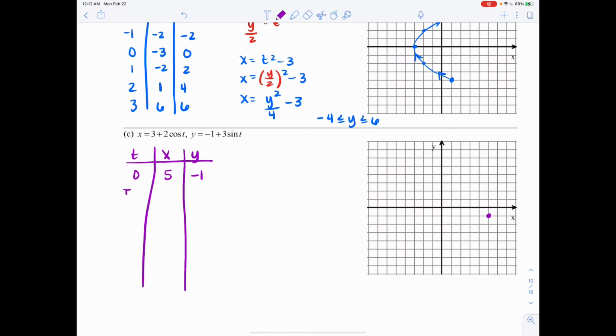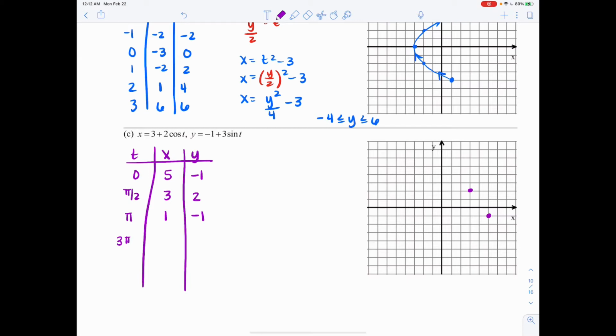If I go to pi halves, and I'm going to pick convenient values, we should get 3 for x, and for our y function, pi halves should give us 2. Let's go ahead and graph that point. If I plug in pi, we get 1 for x and -1 for y.